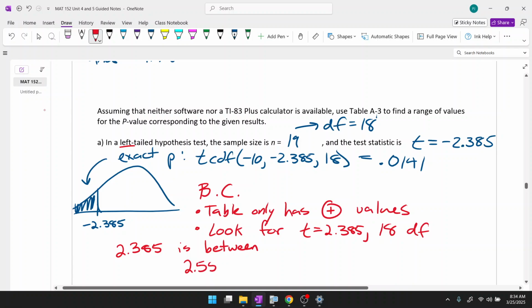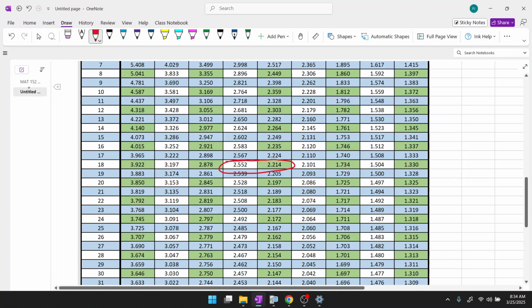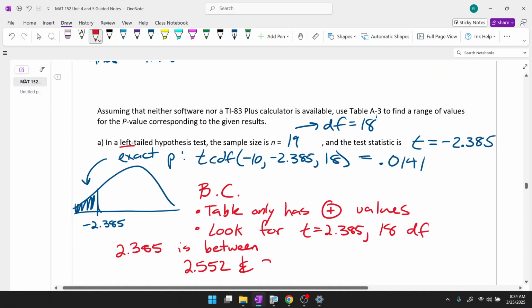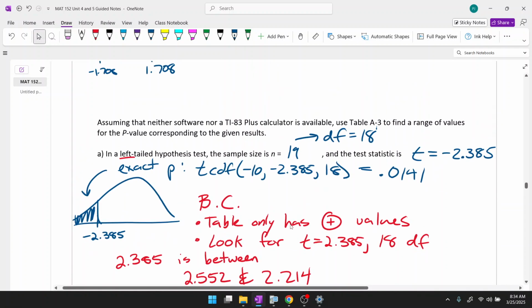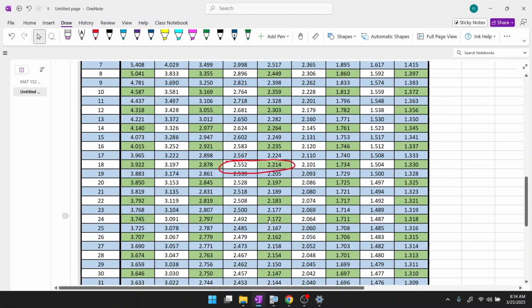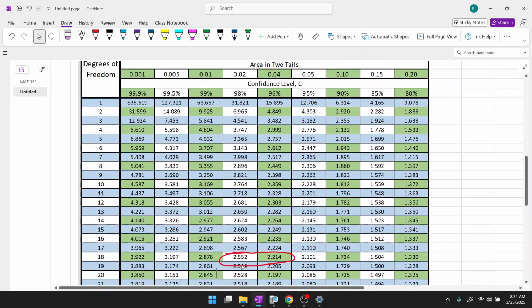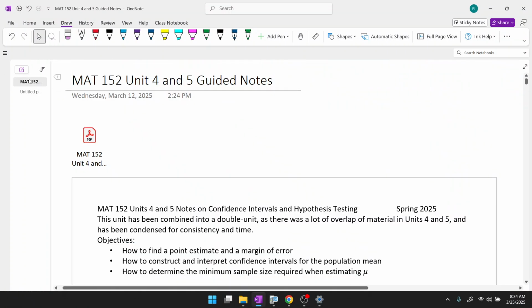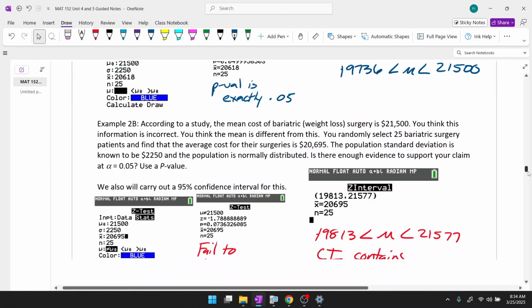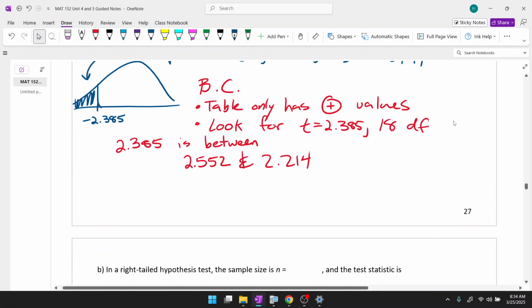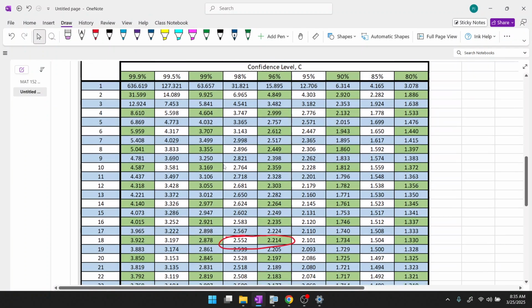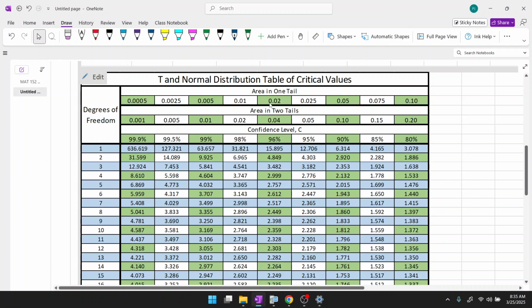It's going to be between the two values of 2.552 and 2.214. Now, what you really want to do with that is look at the areas in one tail that correspond to that. 2.552 corresponds to 0.01, and 2.214 is going to correspond to 0.02.